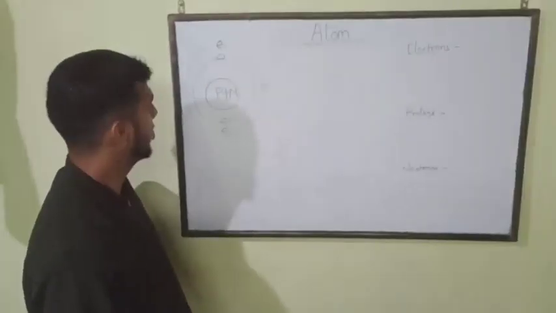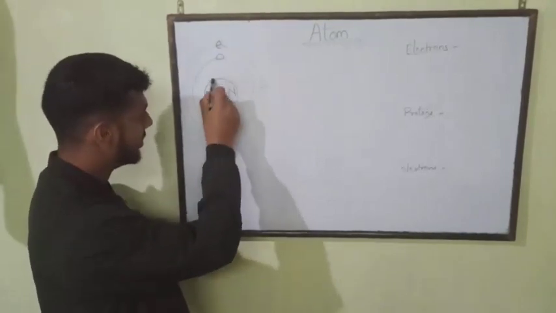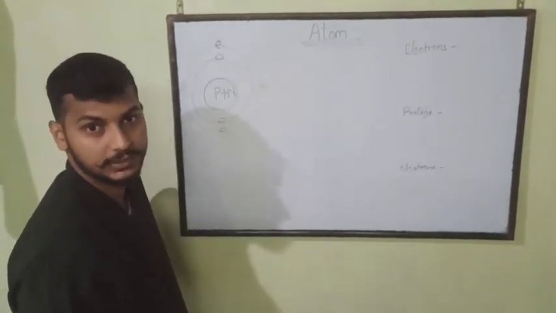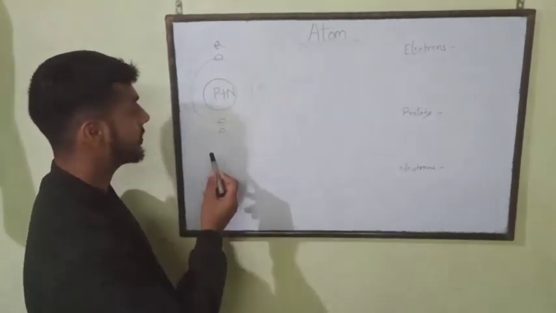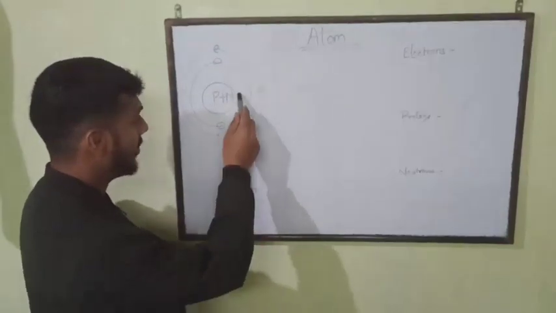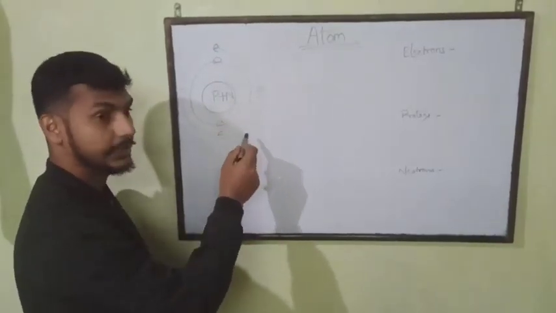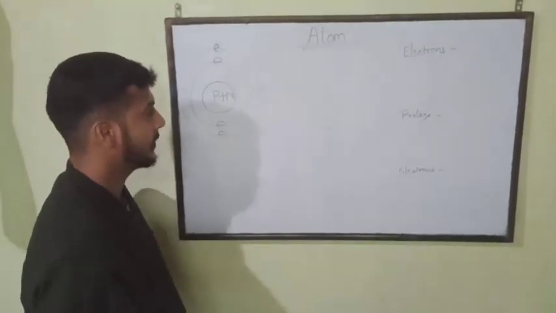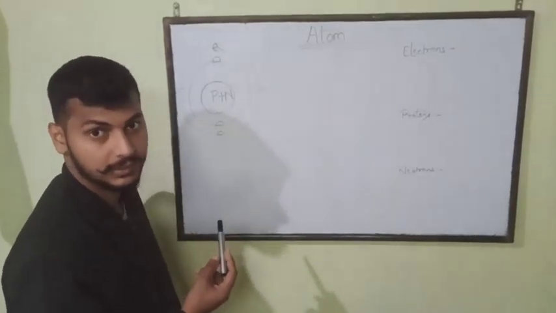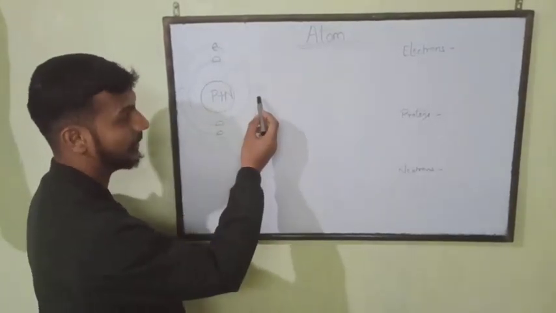This complete section is an atom, and in the very center of this atom there is a nucleus. This nucleus contains protons and neutrons, and outside the nucleus there are orbits. These orbits are called shells, and here the electrons are placed.